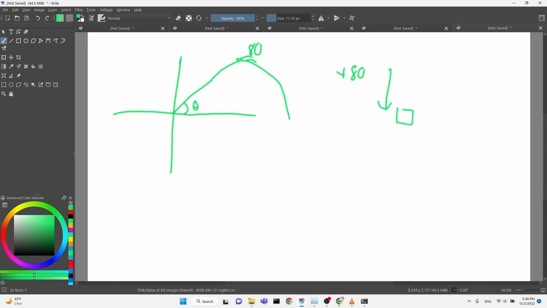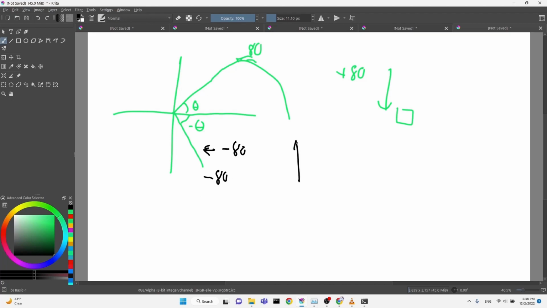So then we have this negative theta. You see over here, because it's going down, that means it will have a negative y, so maybe negative 80. That means if we add that, we're basically subtracting 80, and that's what we want.